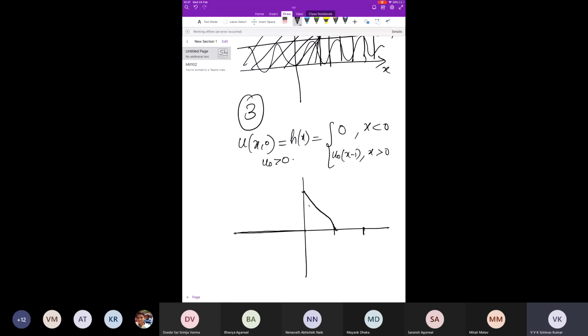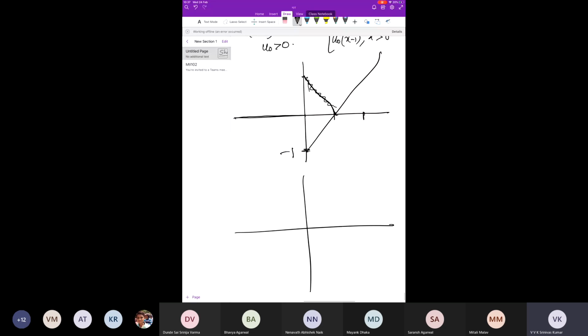When x is equal to 0, it is minus 1. It will go like this. So hx is 0, jump. So this is our hx.